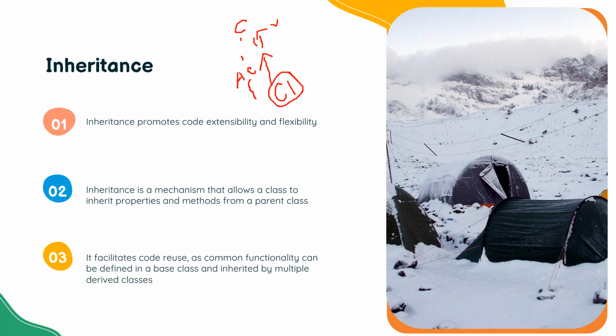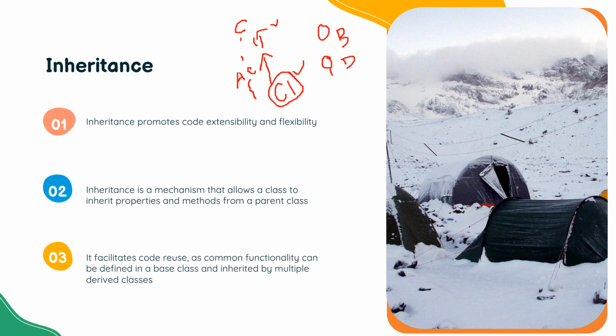So I can inherit this type of object from one class to another, where one is the base class and one is the derived class. Suppose this is the base class, I can create another derived class.